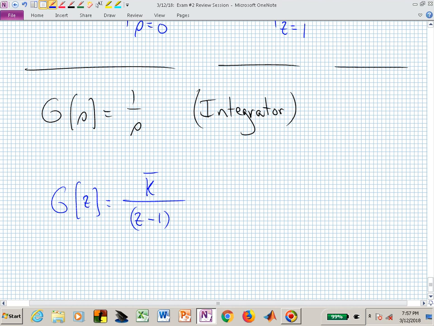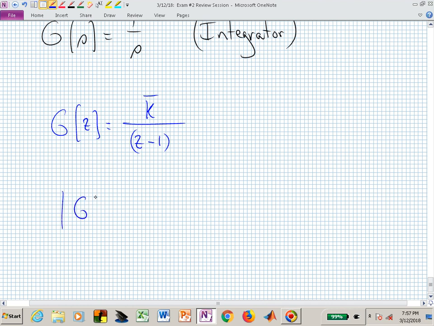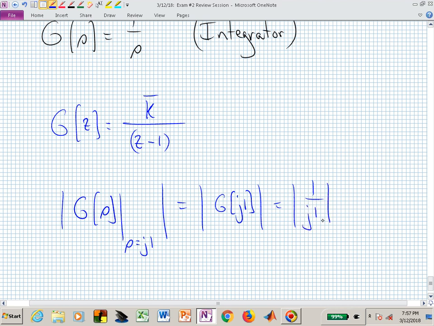So we could say something like, the gain of G of S with S equal to j1, that's now the magnitude of G of j1. That's the magnitude of 1 over j1.